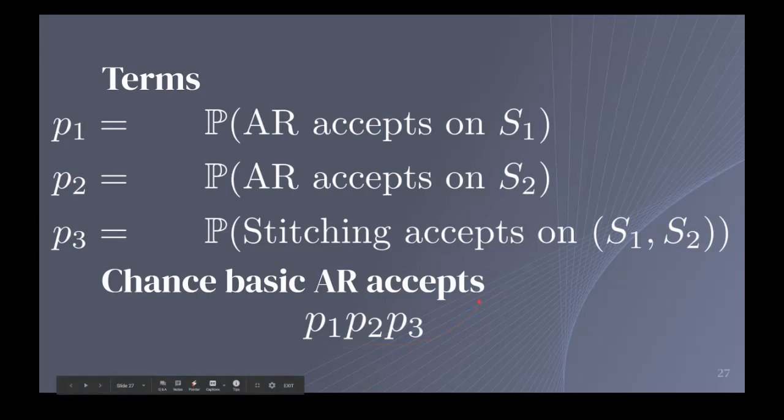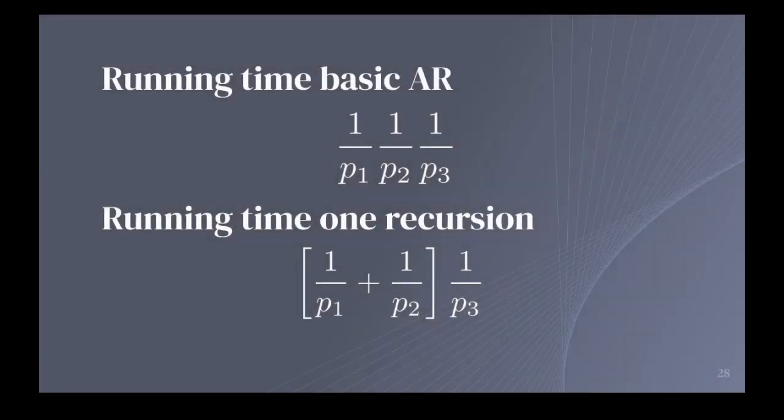Some of you may know that the probability that acceptance rejection accepts is 1 over the expected running time of the procedure. And so the running time of basic acceptance rejection is going to be 1 over P1 times 1 over P2 times 1 over P3.